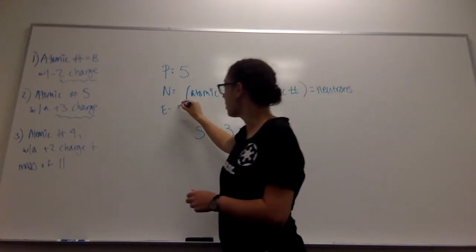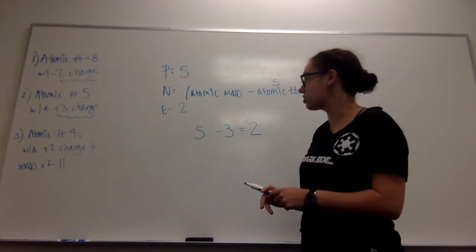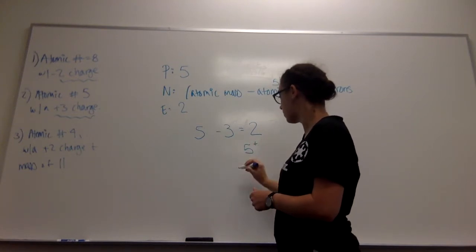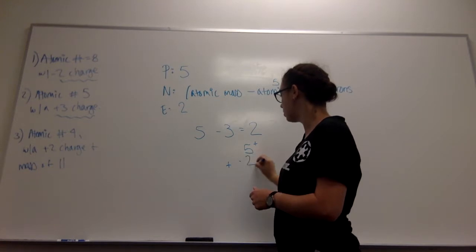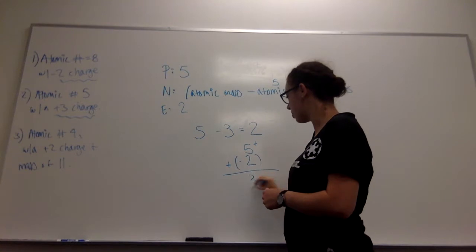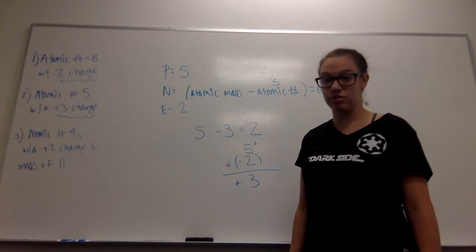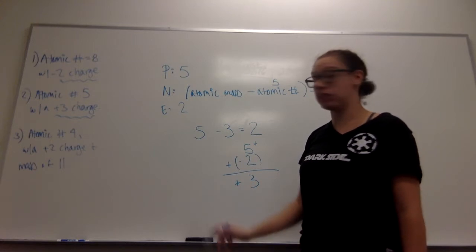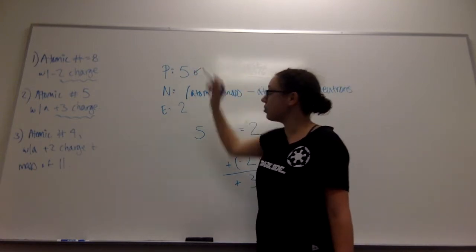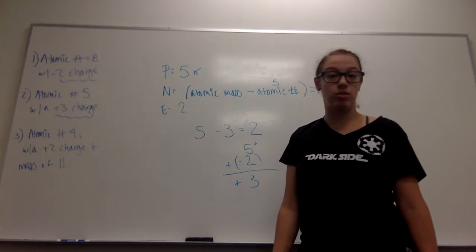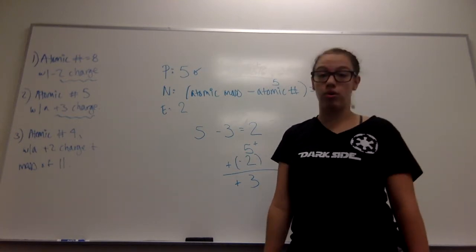Okay, so here we get 2 electrons, right? That makes sense if we have 5 positives and we're adding only 2 negatives, we're going to get a plus charge. Does that make sense? And then in order to find the element, we just look at the number of protons, okay? And so the element that has a number of protons of 5 is boron.